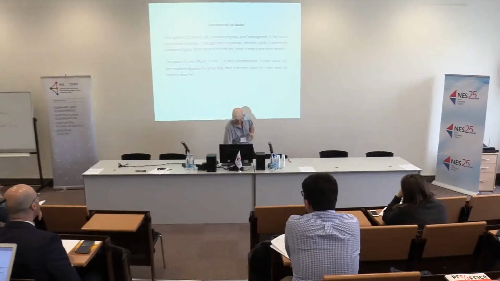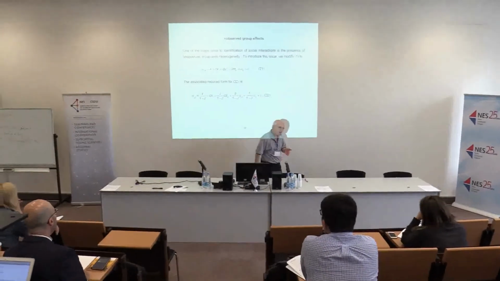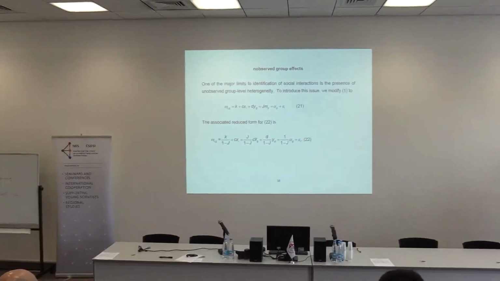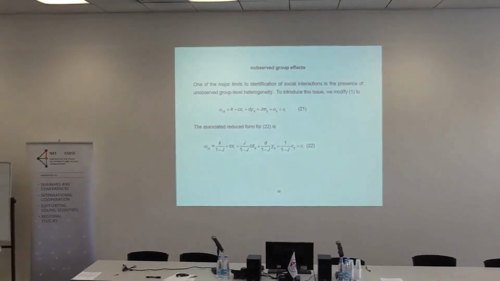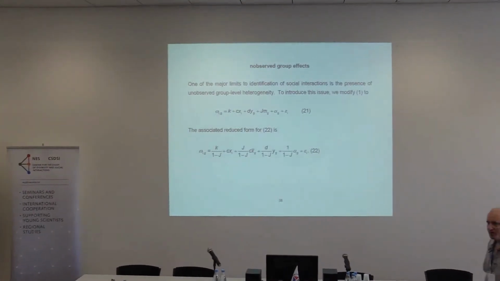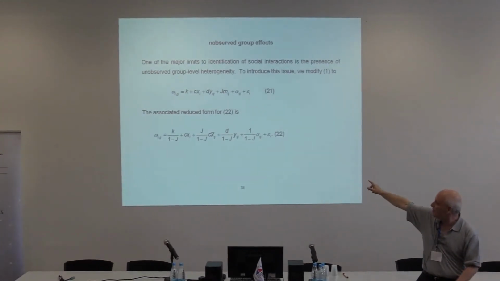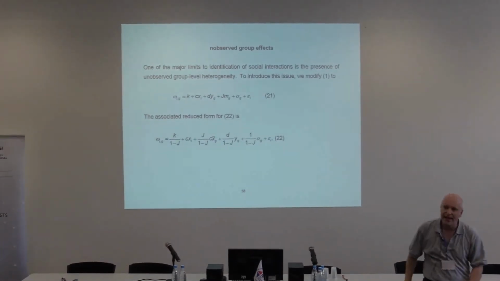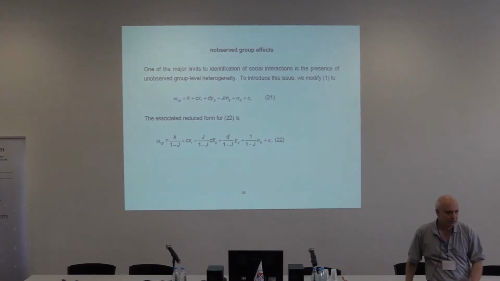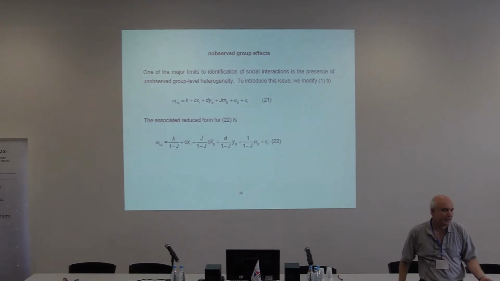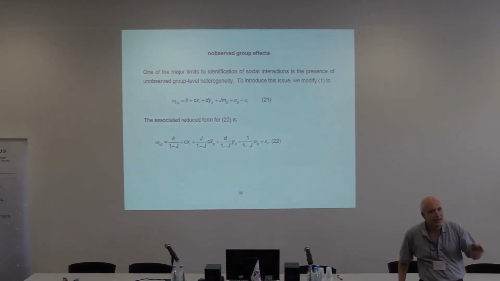Now, if you think about this for a second, you can see immediately why identification will fail, or can fail, if there are unobserved group effects. Unless alpha is assumed to be orthogonal to y and x bar and x, I can't identify anything without additional assumptions.